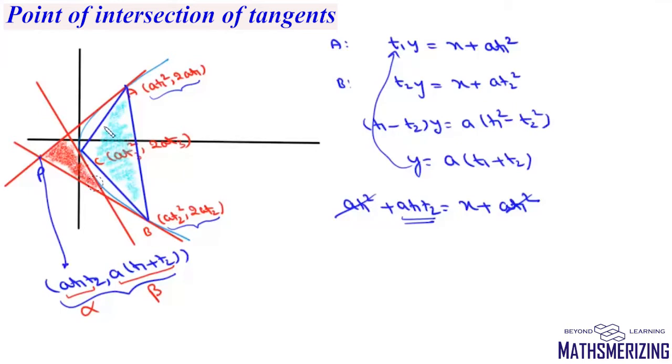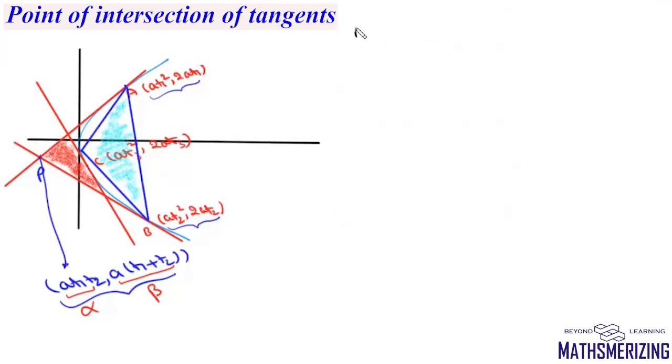First result: we need to find the area of this triangle ABC. So here we have A, which is (a t1 square, 2 a t1), B, which is (a t2 square, 2 a t2), and C, which is (a t3 square, 2 a t3), and then we'll find the area of this triangle ABC.